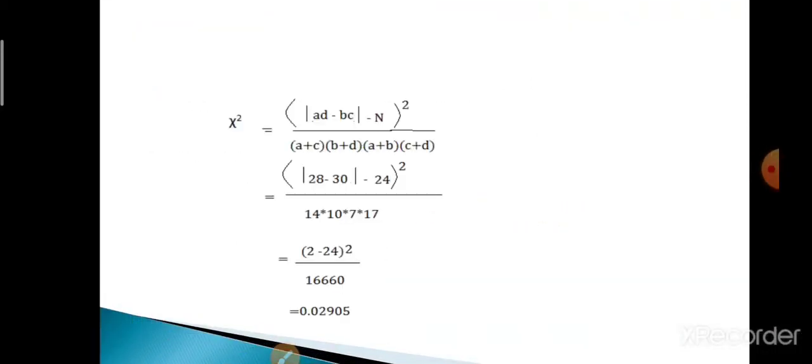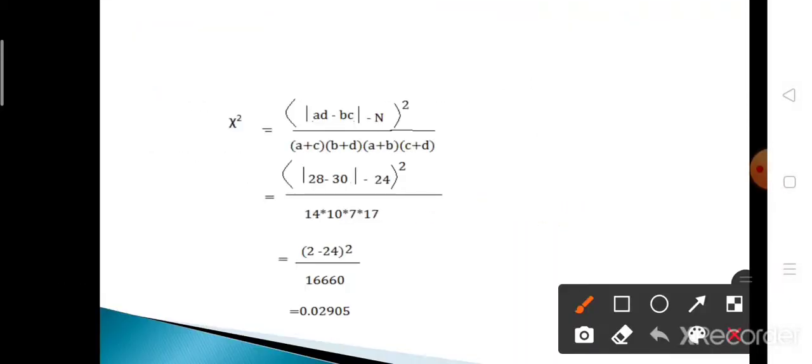Here the A into D value is 28 and the B into C value is 30, minus capital N value, which is 24, its square, divided by A plus C, B plus D, A plus B and C plus D, whose values are 14, 10, 7 and 17. So 14 into 10 into 7 into 17. Now 28 minus 30 is minus 2, but mod of minus 2 is 2.